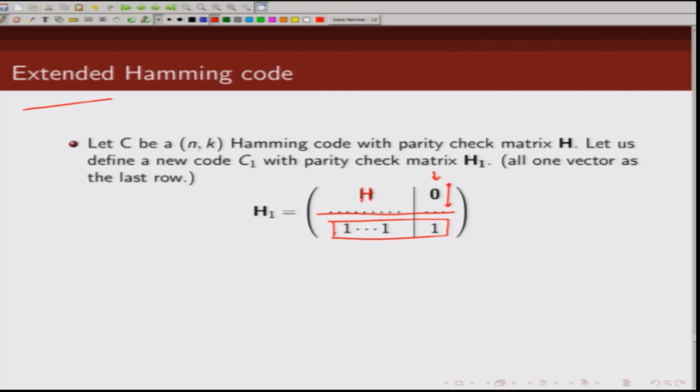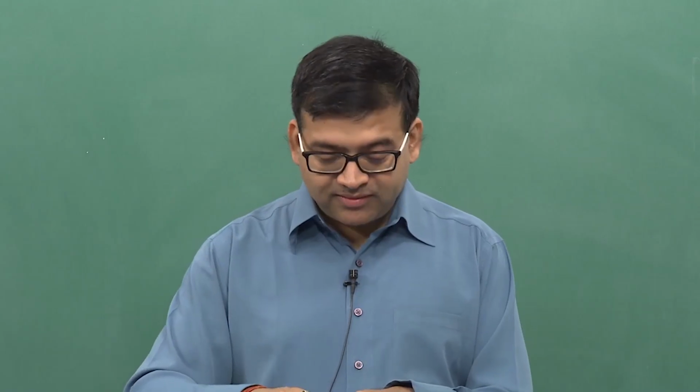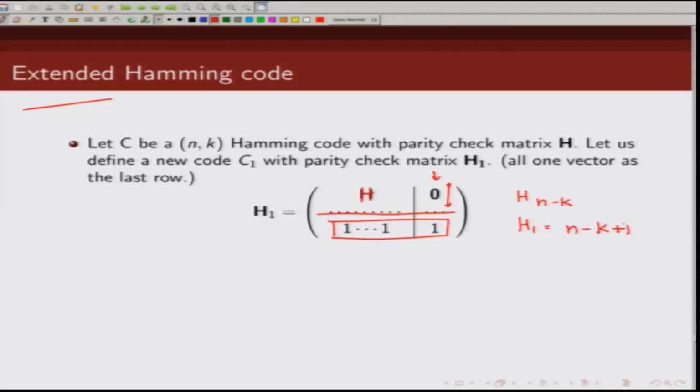Now, it is not very difficult to see that if the rank of H is, let us say, n minus k, the rank of this matrix H1 will be n minus k plus 1, because the parity check matrix of the Hamming code did not have an all one row, and then these are all zeros and this is 1.